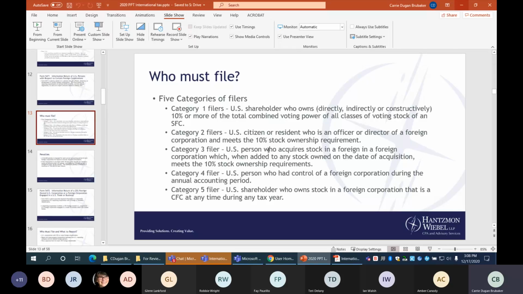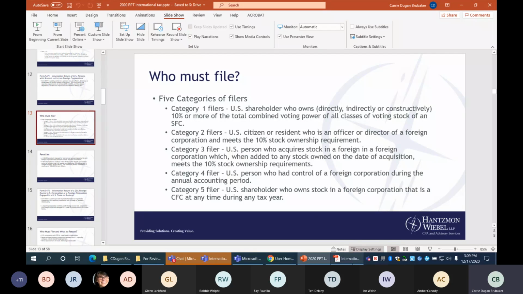There are 5 different categories of filers that are required to provide different types of information on the Form 5471. So again, it depends on ownership interests and who had control of the foreign corporation.